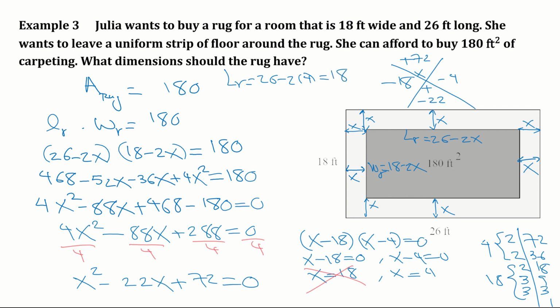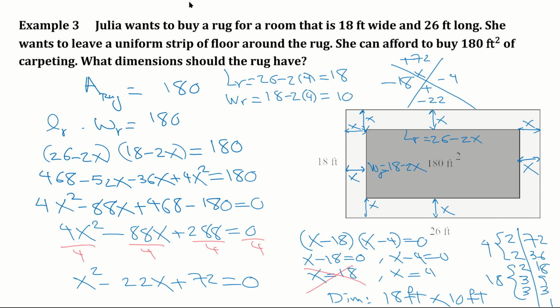And the width of the rug is going to be 18 minus 2x, so 18 minus 2 times 4, that's 18 minus 8, which is 10. So there you have it. The dimensions of the rug are going to be 18 feet by 10 feet. Just like that, okay?